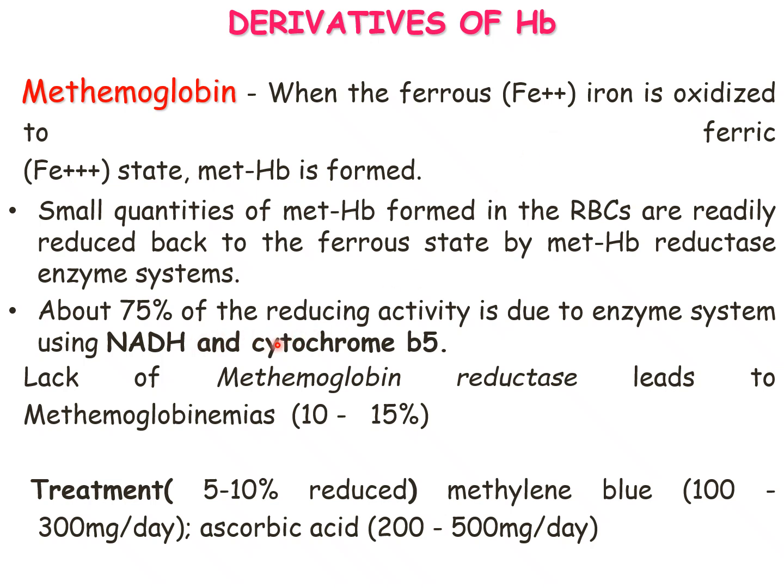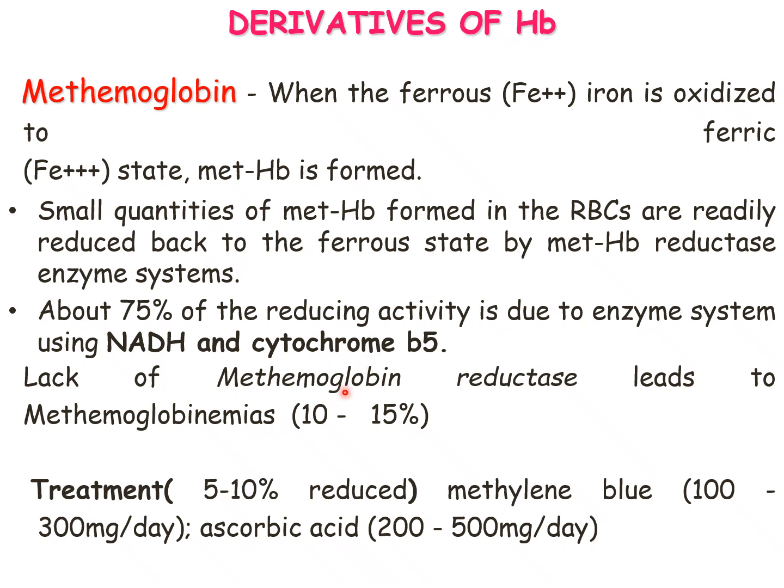About 75% of the reducing activity is due to the enzyme system using NADH and cytochrome B5. This is very, very important. NADH, nicotinamide adenine dinucleotide, is a coenzyme providing reducing equivalents from niacin, and cytochrome B5 is a very important protein formed in the endoplasmic reticulum.